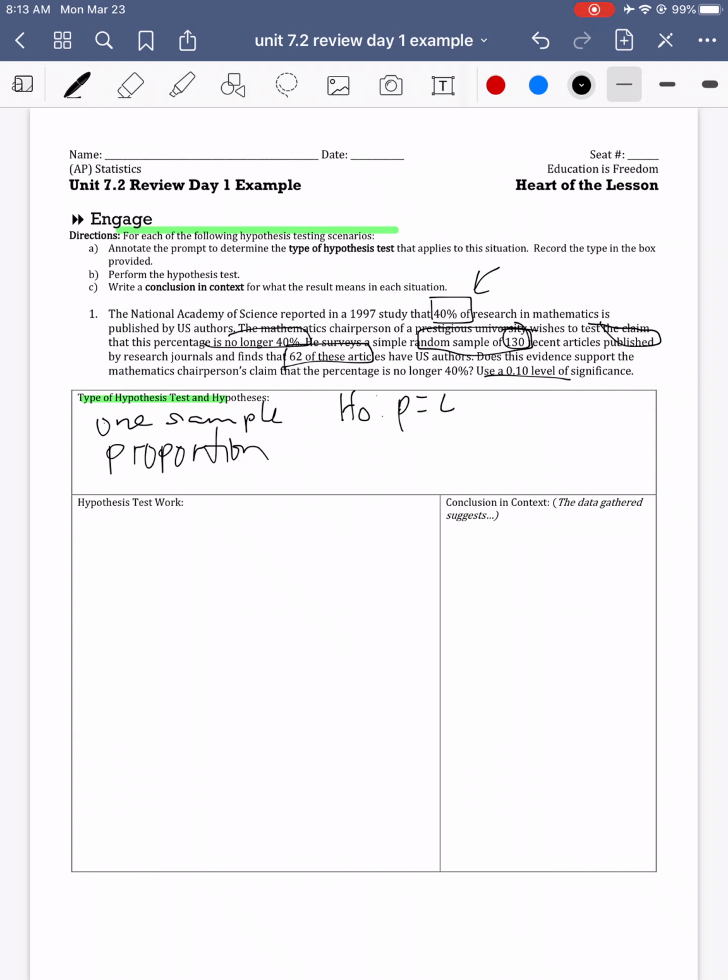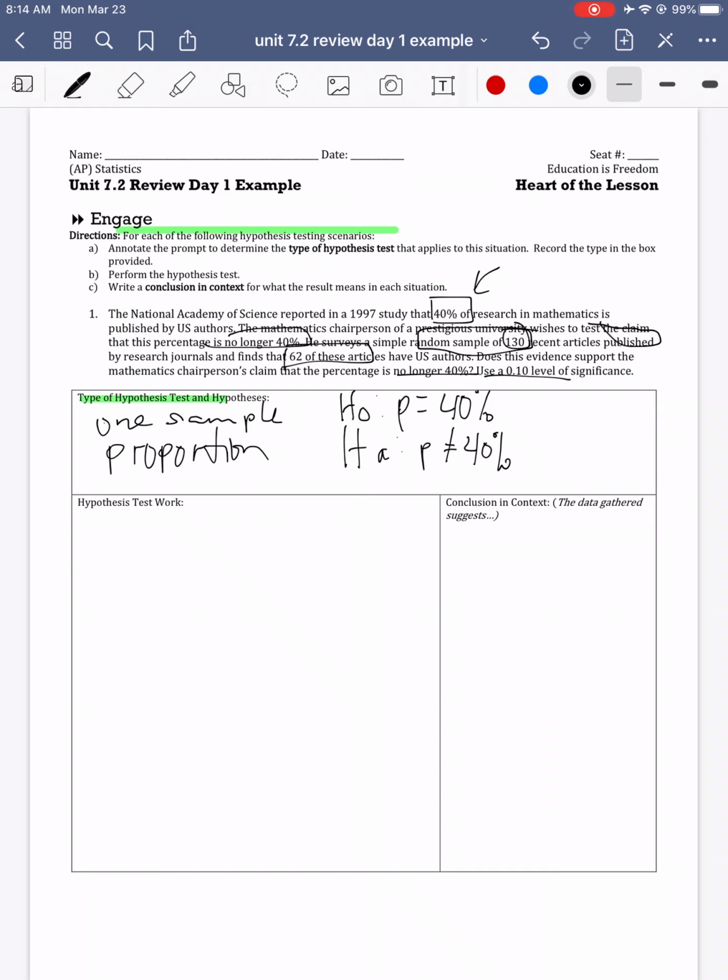So p is equal to 40%, and then our alternate hypothesis is that p is not equal to 40%, since it says they claim that the percentage is no longer 40. So it could be greater, it could be less than, it's just simply not equal to.